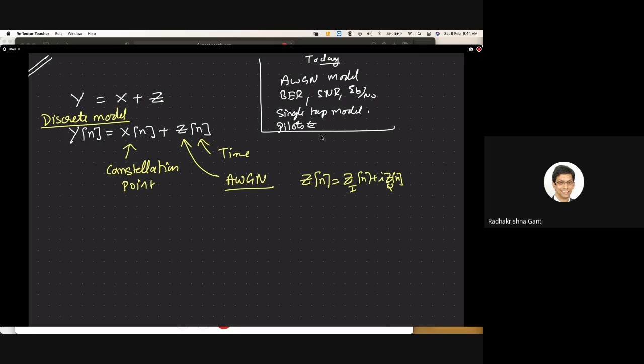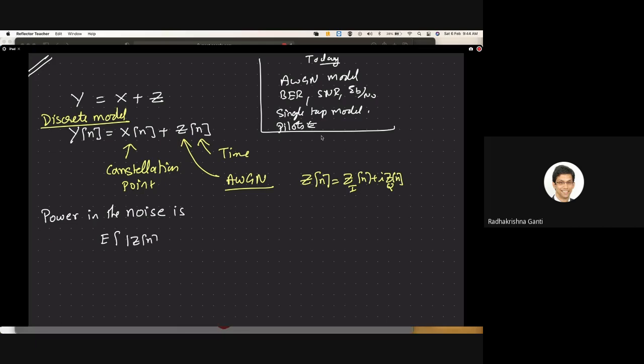So let's dig into it a little bit. What are the other things that we have learned? We have learned that the power in the noise is expected value of mod z of n whole square, which is the mean value of the power.